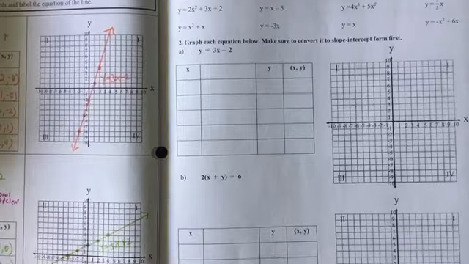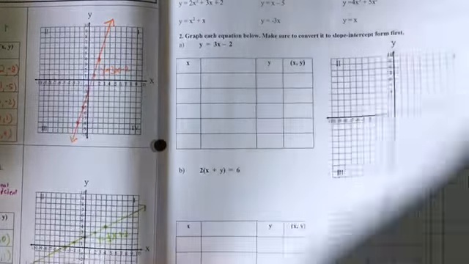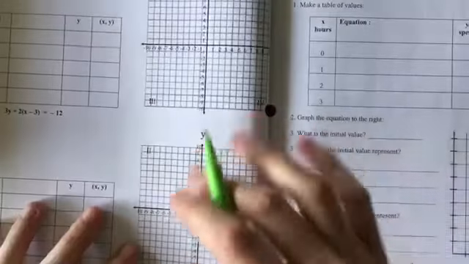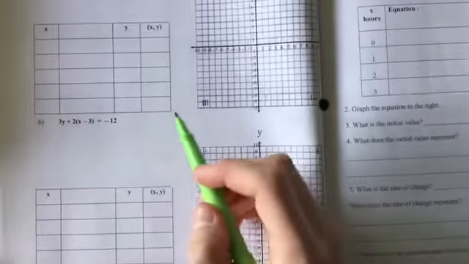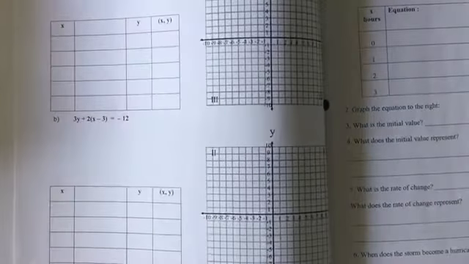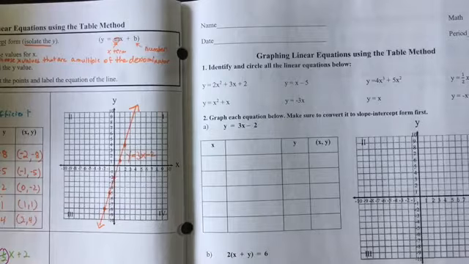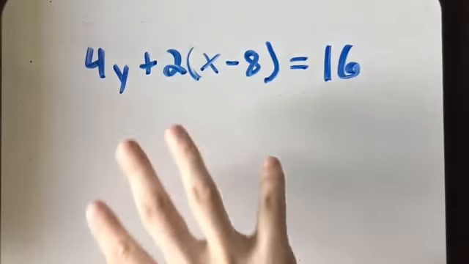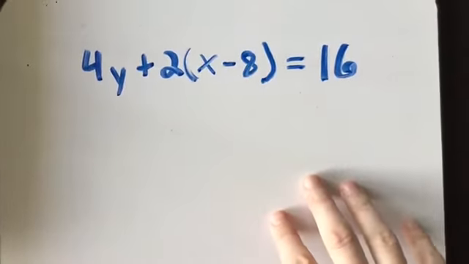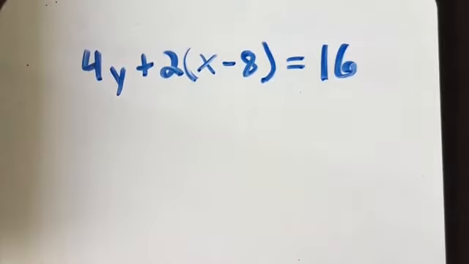If there's a fractional coefficient, you're using that as a multiple of the denominator for your x values, and some of you might want a little more space to practice putting your work into slope-intercept form. Okay, and we're going to do one more example. I'd like to do one more example of taking an equation and putting it into slope-intercept form.